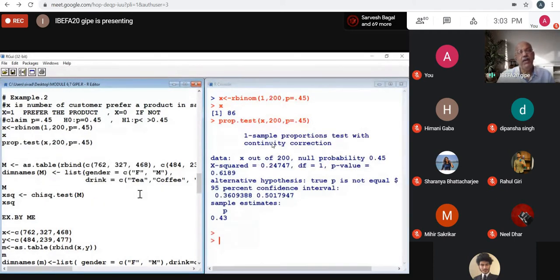What is the p-value? Sir, 0.618. Yes. So the manager told the company that 45% of the total customers prefer plain Horlicks. What does the company distribute to the seller?